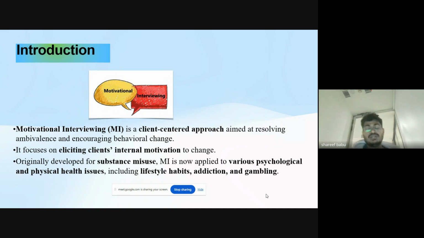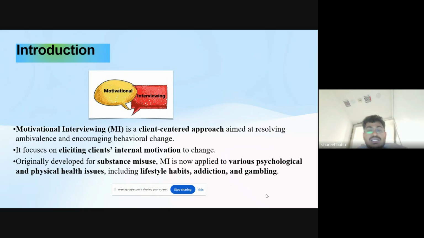The therapist will try to help the client change the mindset, resolve his confusion, and encourage him or her toward a particular change in behavior. So this is more concentrated on the client's behavior. Basically, the therapist tries to motivate the client so that more changes happen in himself.